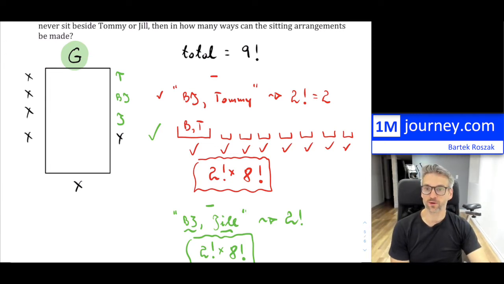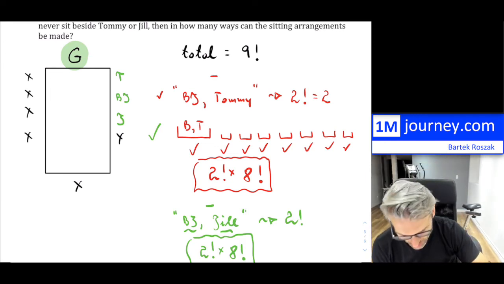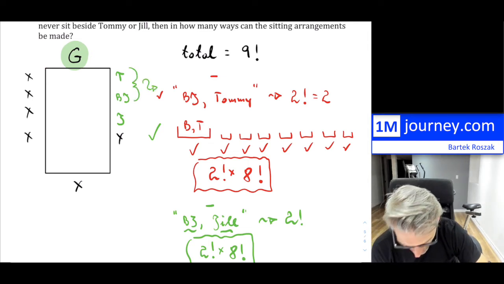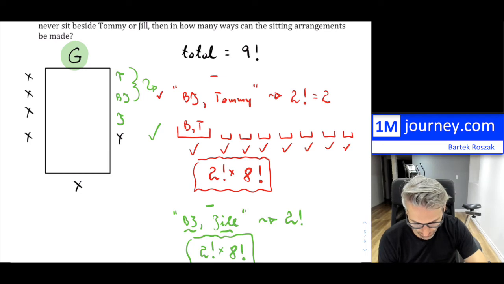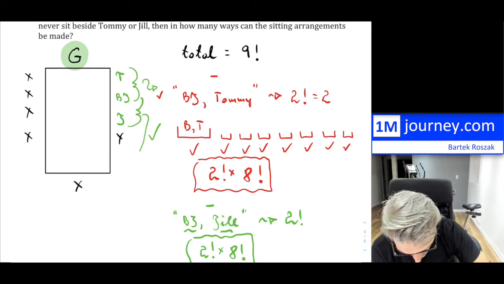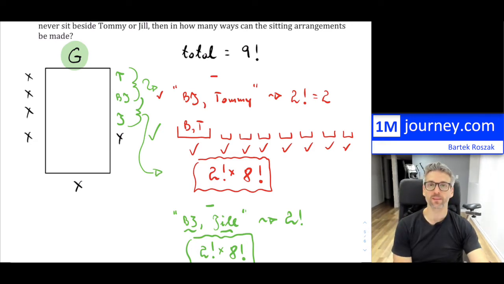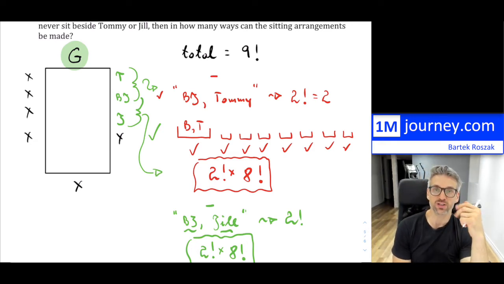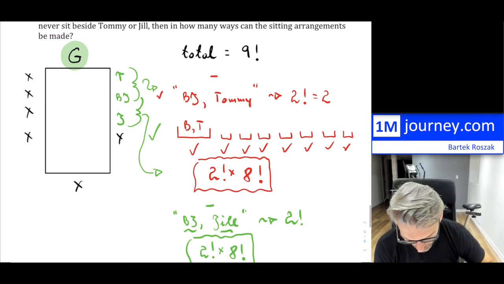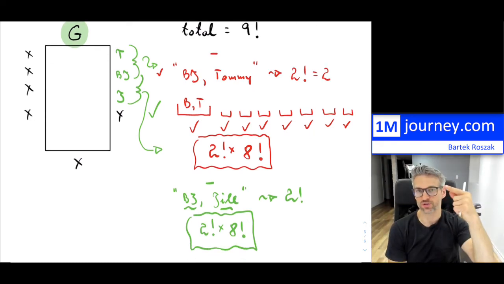So BJ and Tommy is getting counted here and subtracted, but BJ and Jill is also being counted right here and subtracted. So we subtracted them 2 times. We've over-subtracted, so we have to be careful there. We shouldn't subtract them 2 times, we should just subtract them once.